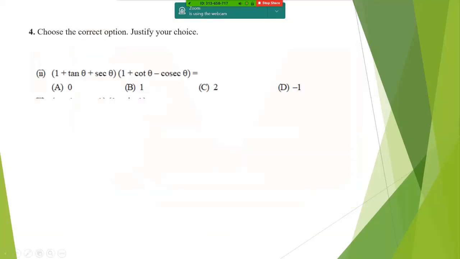Look up at this for the second part. Choose the correct option, justify your choice. So basically we need to find out the product of these two terms. Ready with the question, all of you? It's just a bit complicated, but then it's okay.